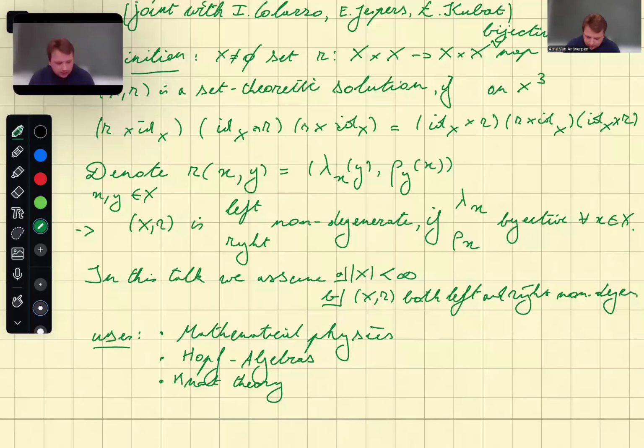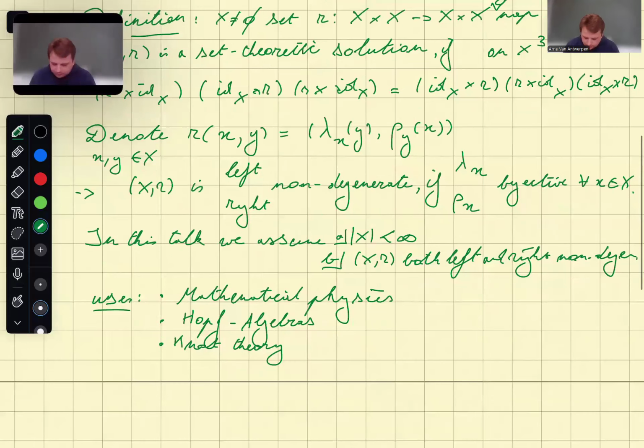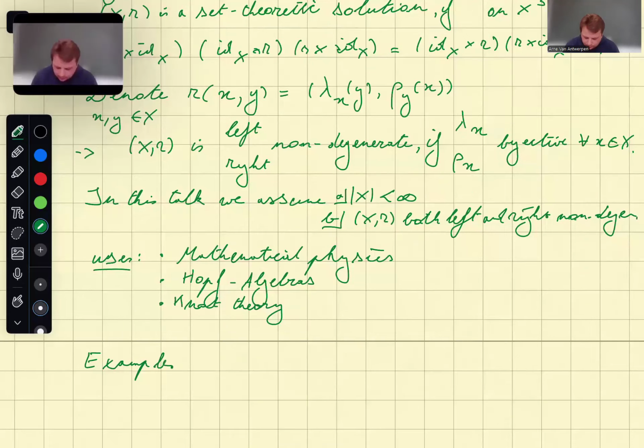Some examples, easy examples. Well, the first one that might pop up in your mind is a boring one, just the identity, which is an example of a solution of the Yang-Baxter equation.